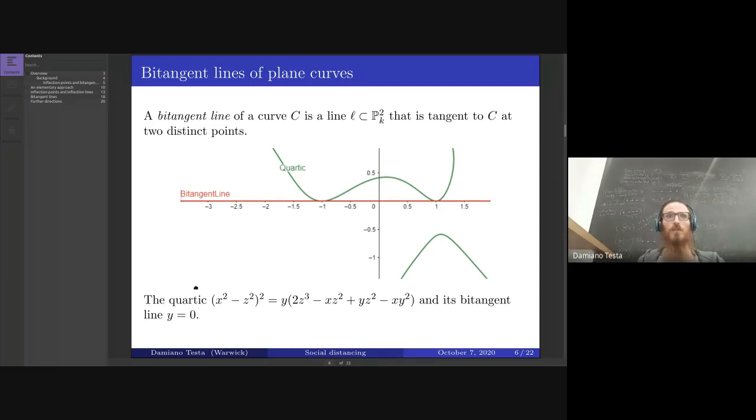And in terms of coordinates, you can write down the equation for, say, this quartic in this way. And it's always going to be like this. It's going to be the square of a quadratic form corresponding to the 2 roots along the bitangent line, and then leftover stuff that is divisible by the equation of the line that you're using. And again, you see a square of some polynomial here.